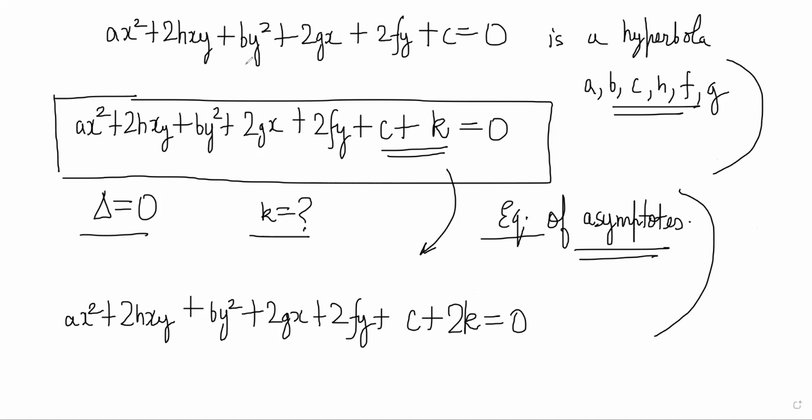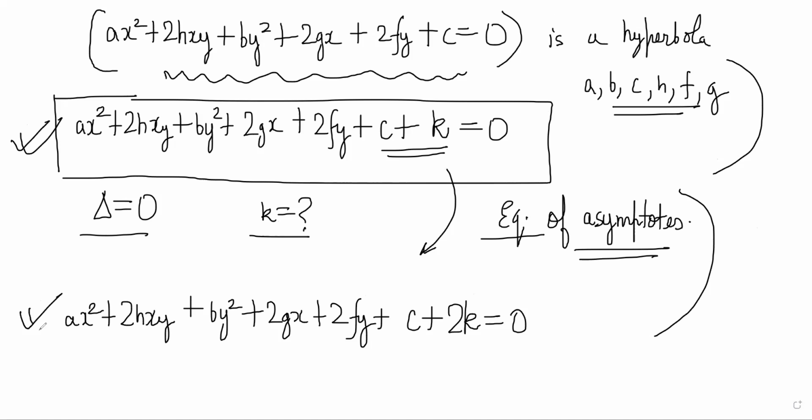So given your hyperbola equation in a general form, we can find the conjugate hyperbola and asymptotes if we use this fact that they differ by a constant k, right? The first step would be to always find the asymptotes, because you will say del is 0 and find the k from there. Are you understanding? Okay. So that is one thing to note.